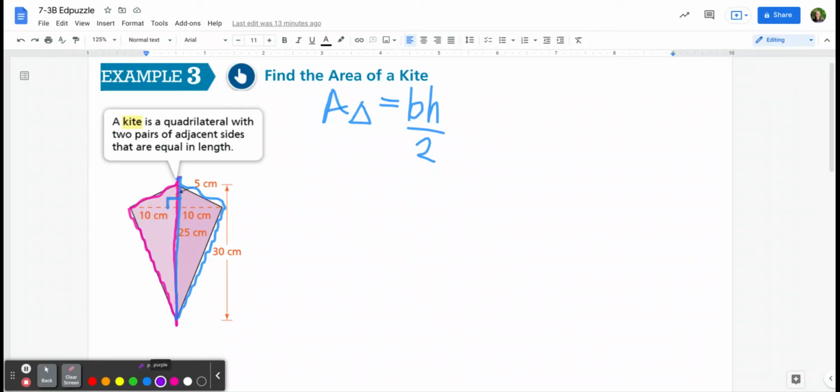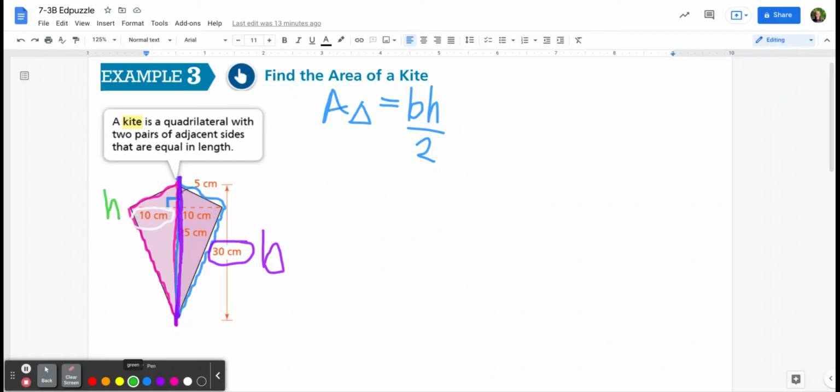So my base would be this length in the middle. What is that whole length? Well, the whole length is this 30 here. 30 is going to be my base. And then what is the height of one of these triangles? The height of one triangle is going to be 10. So then 10 is our height.